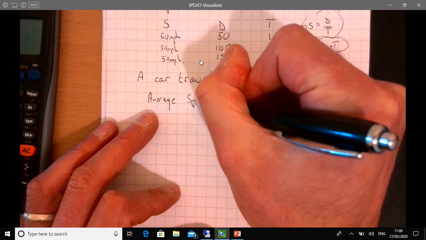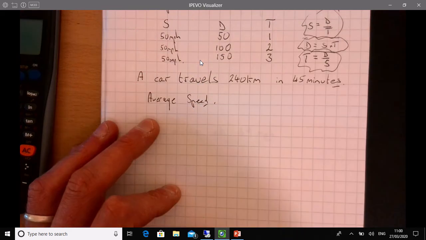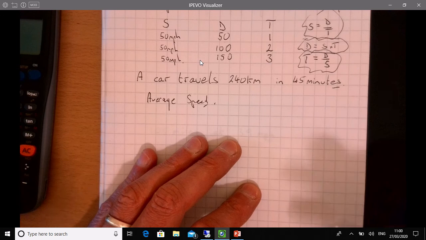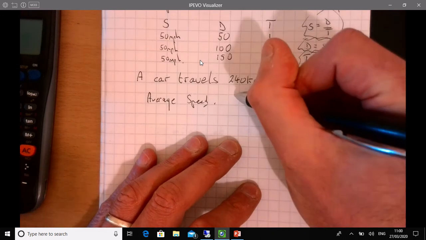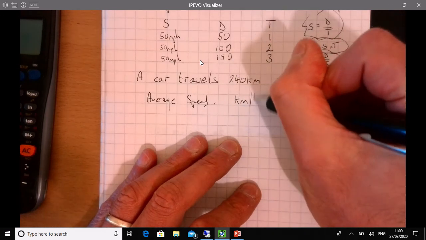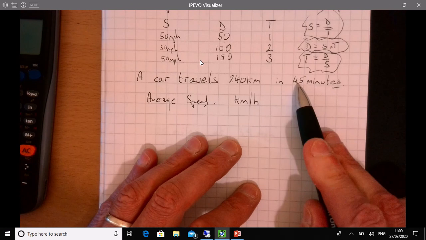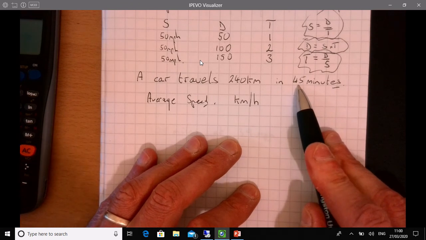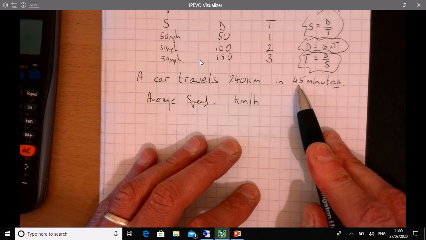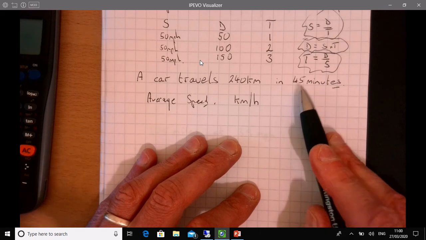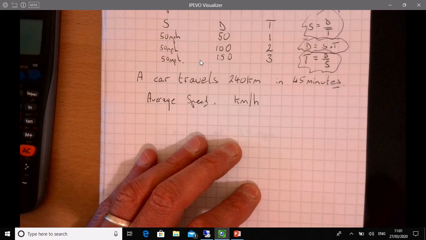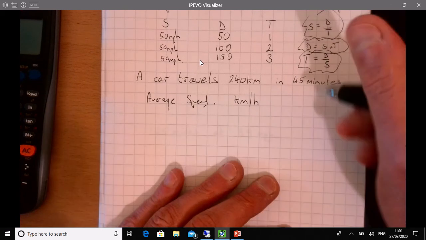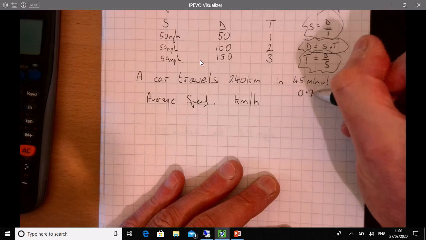Now, I could give kilometers per minute, but the common sense thing here to do would be kilometers per hour. But this is not hours, right? So I need to convert that to hours, but it must be in decimal. And this is where people make a mistake. It's dead easy to do. Now, you may well be able to recognise 45 minutes is 3/4 of an hour. So I can write 0.75 hours.